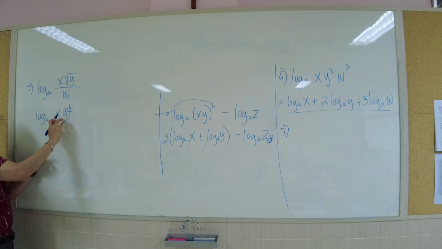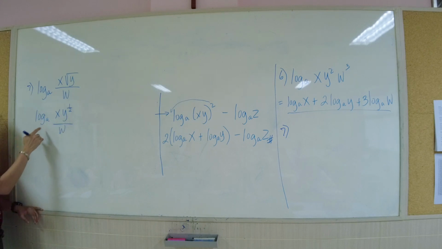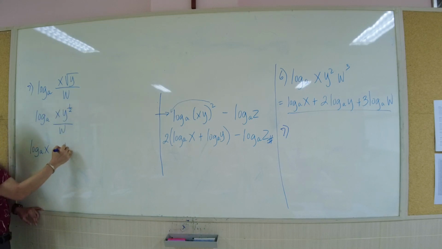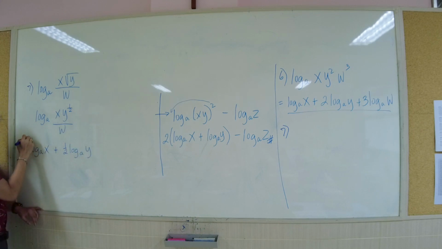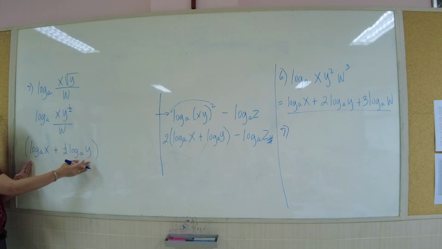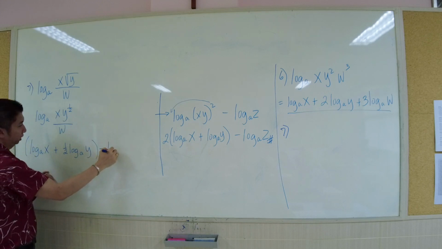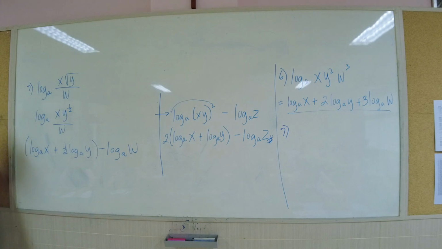Only y. Then w. Now we can expand. Plus 1/2 logarithm of y. Don't forget the parentheses. It means this full set, or two of them, are in the numerator. So minus logarithm of w.